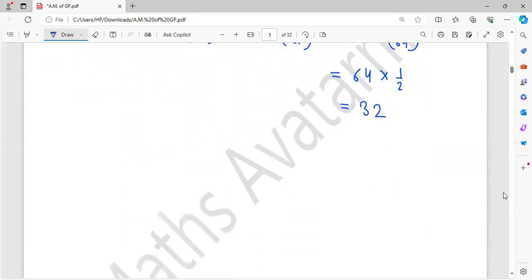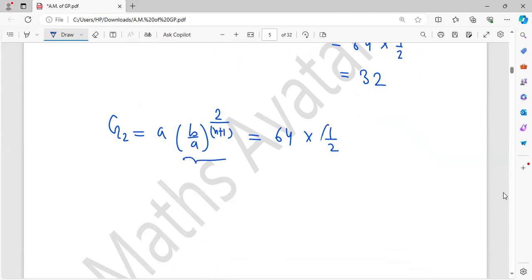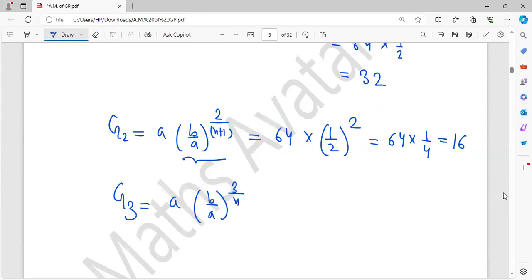Now what is G2? G2 is A times (B upon A) to the power 2 upon N plus 1. So 64, and after solving this part, you will get 1 by 2 to the power square. So 64 into 1 upon 4, that is 16. So what is G3? (B upon A) to the power 3 upon N plus 1.